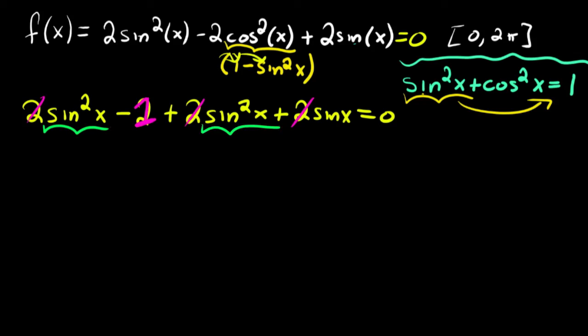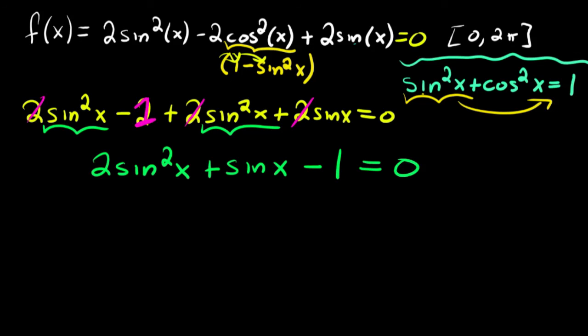Okay, so then let's combine the sine squared. So these would equal 2 sine squared, and let me put them in order, plus sine of x, and then minus 1 is equal to 0. Okay, now this is a form of a quadratic, so we can probably factor it. I would need a 2 sine x and a sine x.